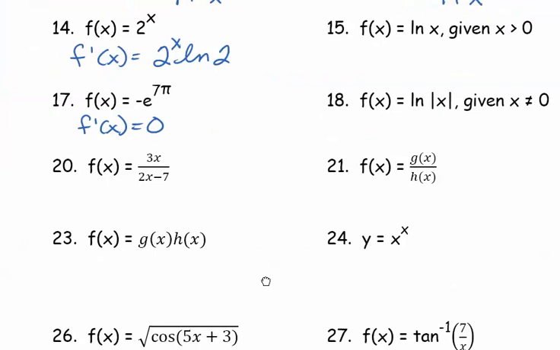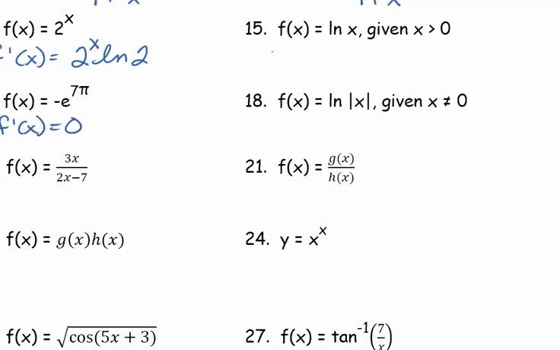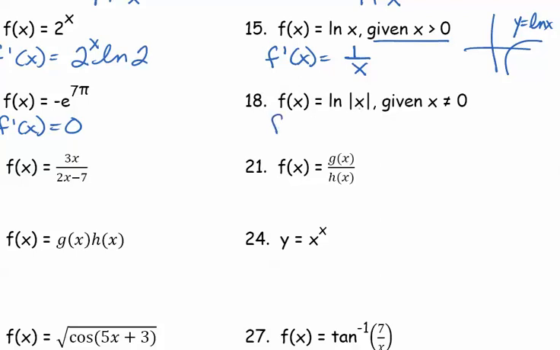All right, let's go back and pick up 15. The derivative of the natural log of x is 1 over x. And you can see why we can't have x less than or equal to 0, given that x is greater than 0. Remember that natural log is only defined for positive values of x. The derivative of the natural log of the absolute value of x is exactly the same.